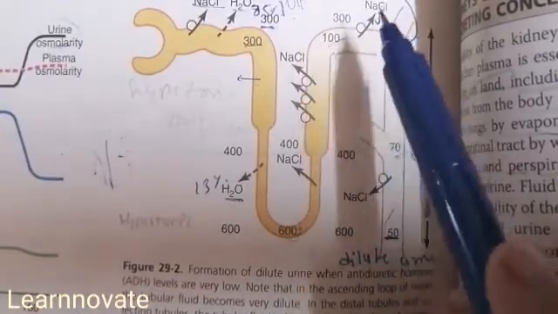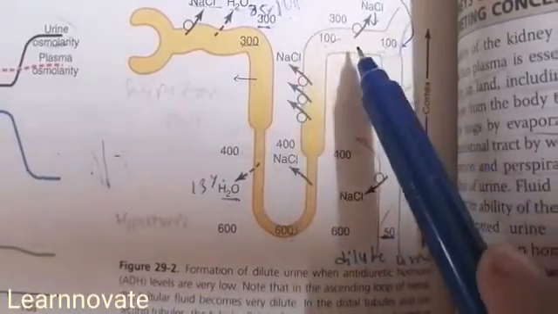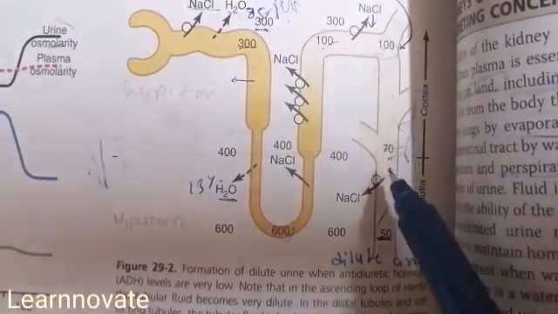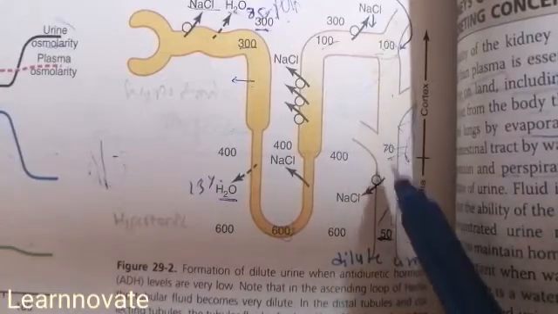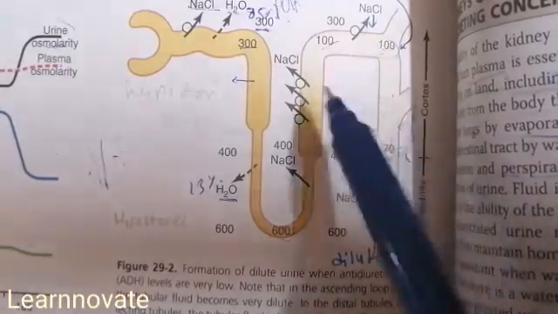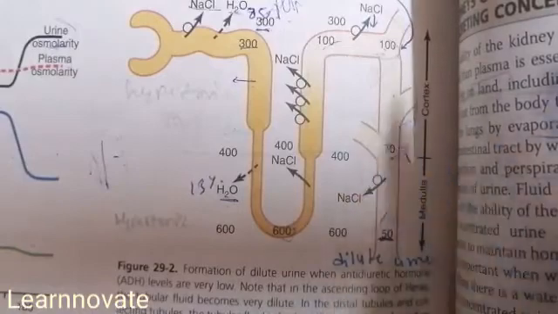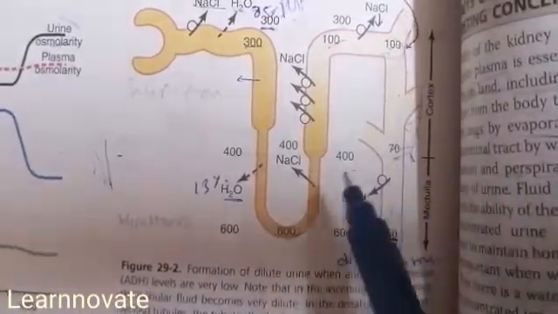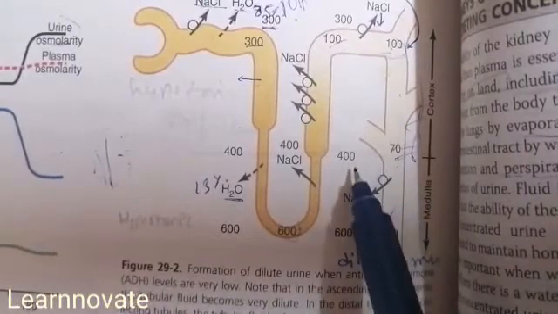In the DCT, there is further dilution of the tubular fluid. So at the end, because of the absence of ADH, the collecting duct fluid becomes more and more dilute, and the fluid forming the urine becomes hypotonic to the medullary interstitium, or you can say the interstitial fluid.